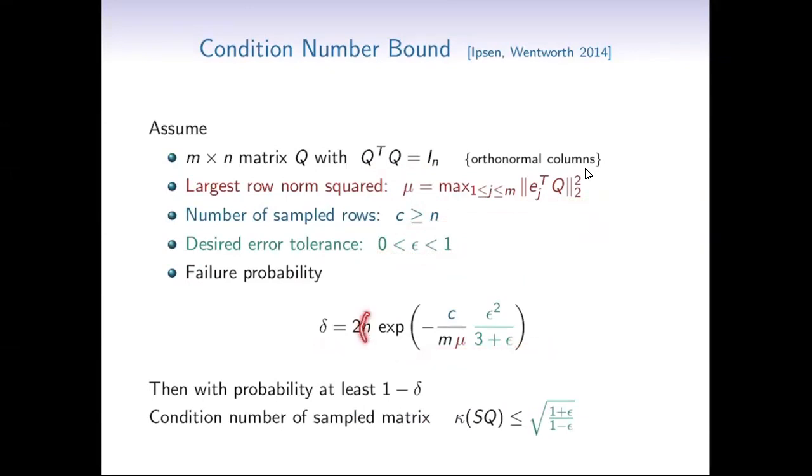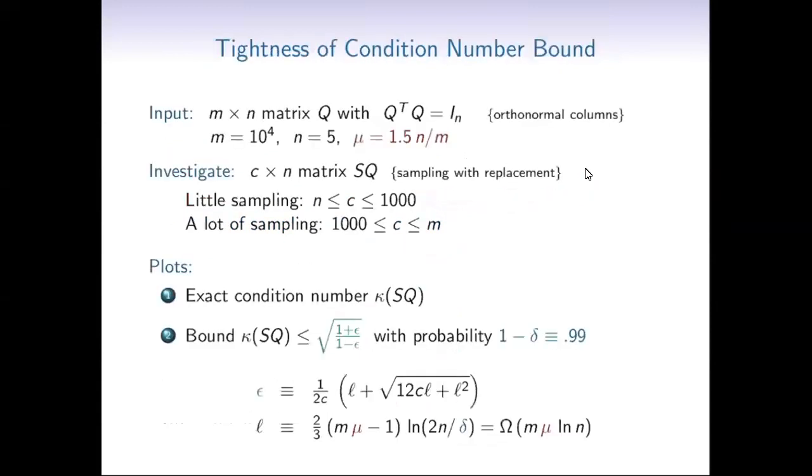It's in terms of the small dimension of the matrix outside the exponential. Inside the exponential, we have C over M, that is the ratio of rows, the percentage of rows we sample. We have the largest row norm, so this thing is small if the mu is small, and then of course the error. So with this failure probability, 1 minus delta is the success probability, we get our bound on the condition number.